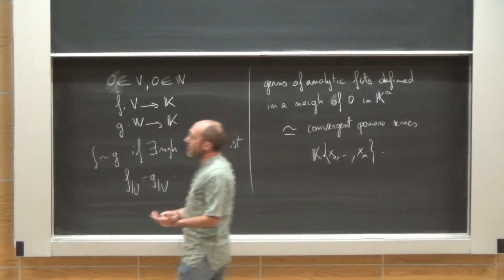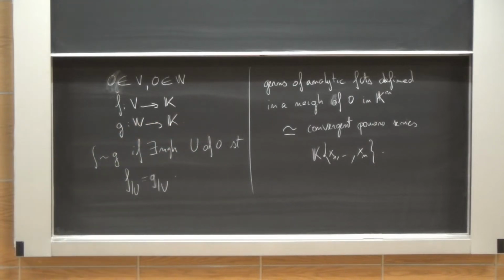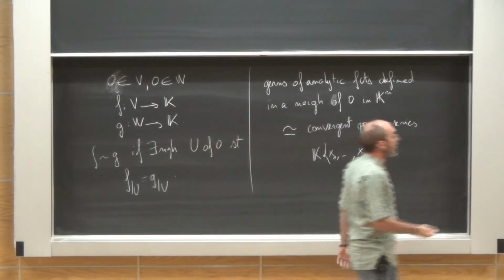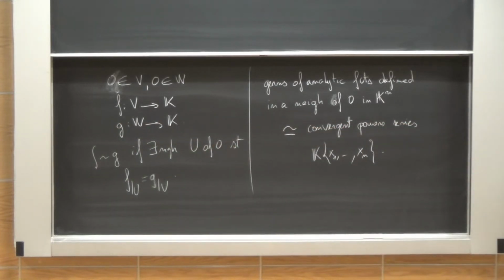So, the question now is, locally, how far is an analytic set from an algebraic set? And I can be more precise. First question is, given a germ of an analytic set, can I find a germ of isomorphism that sends this analytic set to an algebraic set?